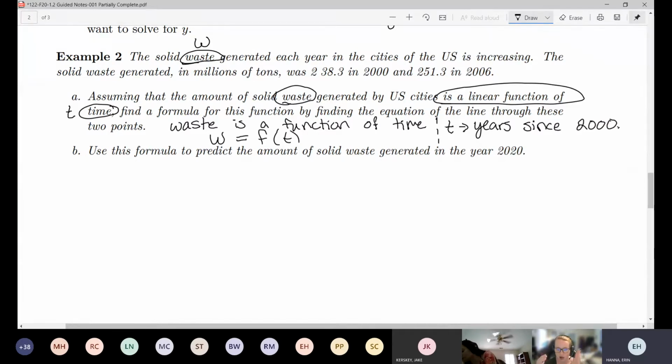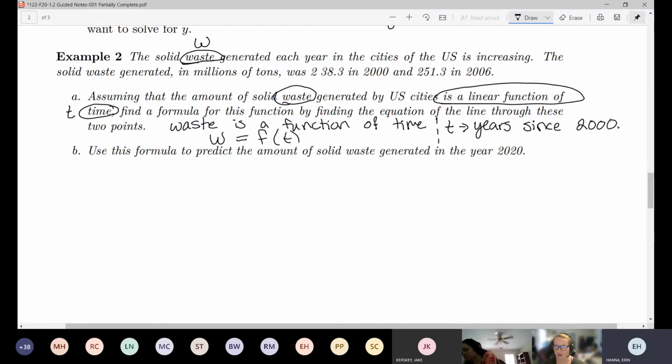This is going to be a very common occurrence with questions that take years. Whenever we have years as one of our variables, it's very likely that it's going to be years since something. And if you're the one choosing, it's pretty much going to start at the earliest year that you have in your data set. So since the data set starts in 2000, we're going to have t be years since 2000. Wiley is usually going to use that pattern.